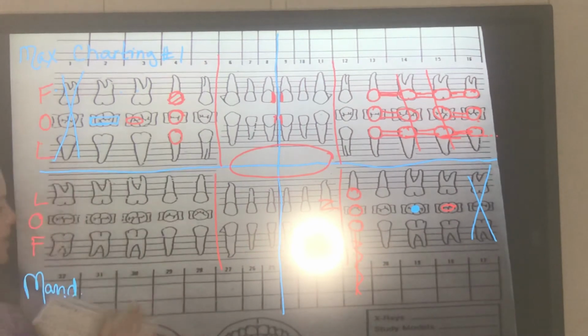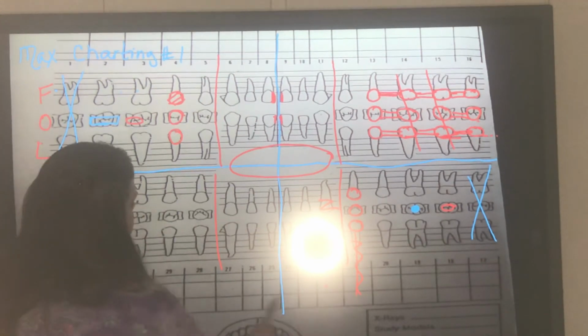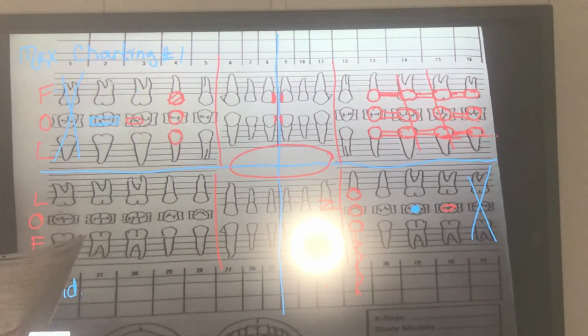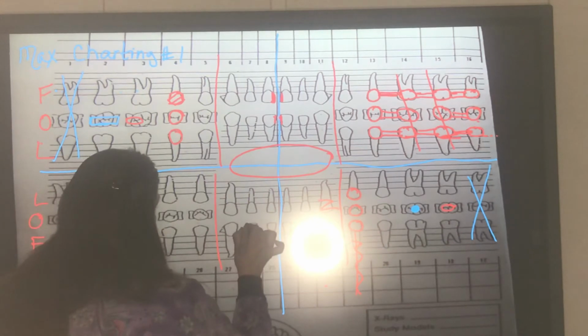So it's cracked all the way to the gum line. So we're going to put a big old Z on it, and that means a cracked tooth. And because it is a condition that needs to be dealt with, it's in red. So tooth number 26 has distal decay. So we'll go right here.